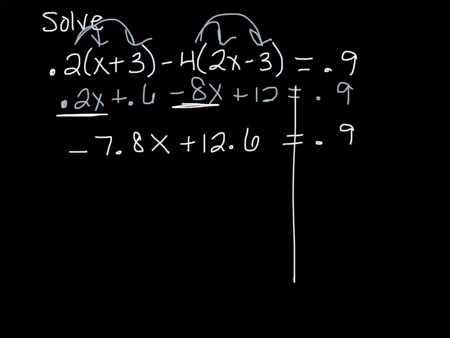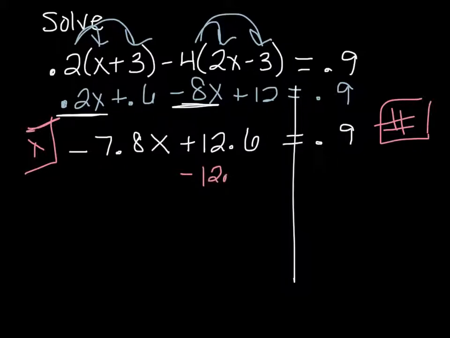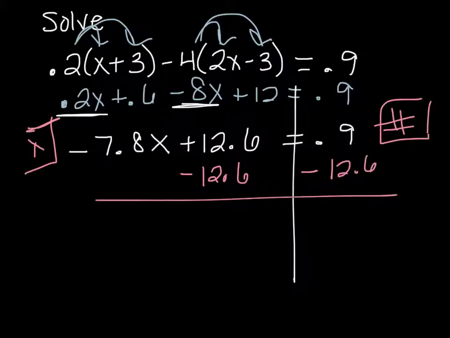So like before, let's get our x's on this side and our numbers on this side. So I'm going to do the inverse property. I'm going to subtract 12.6. So I have negative 12.6 plus 0.9, which gives me negative 11.7.